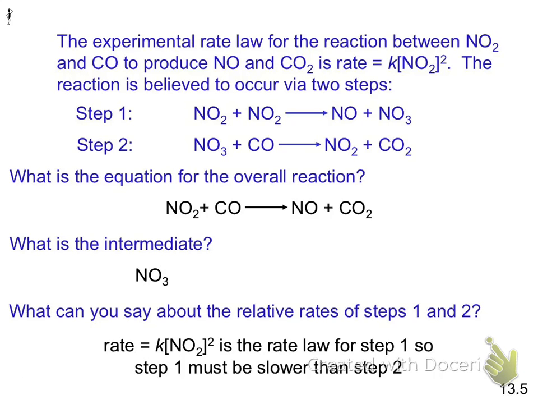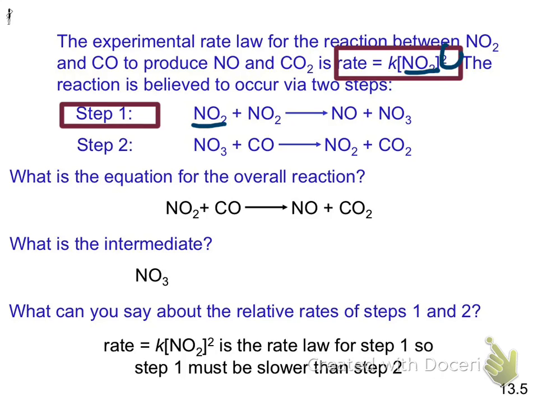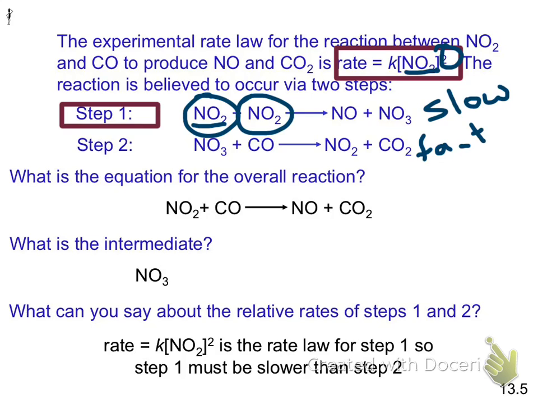Well, we can say that the rate equals k[NO2]^2. How do I know that? It was given to me in the problem, right here. That, as you notice, is the rate law for step number 1. Okay, NO2, right here, there's NO2. Where's that second come from? Well, there's 2 NO2s. So NO2 to the second. What does that mean? That means that step 1 must be much slower. It is the rate determining step, rather than step 2. Okay?